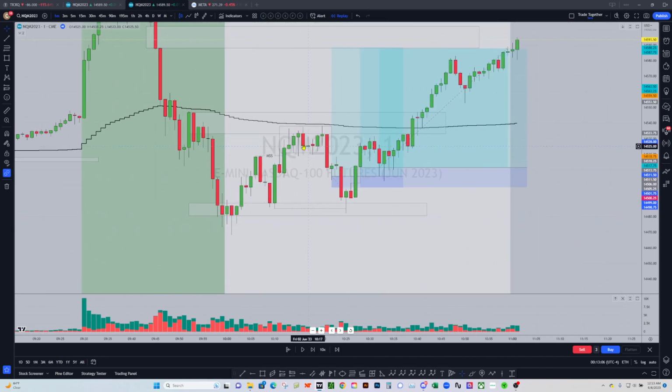So you want to look for a market structure shift, a little bit of a balance. We get a breakout to sweep the liquidity. In this example, it's the sell side liquidity. That sweep then shows me rejection that creates the imbalance. We pull back to the imbalance and we take the trade.